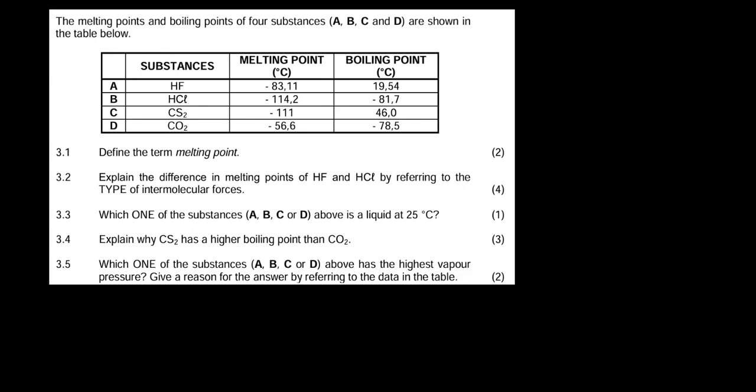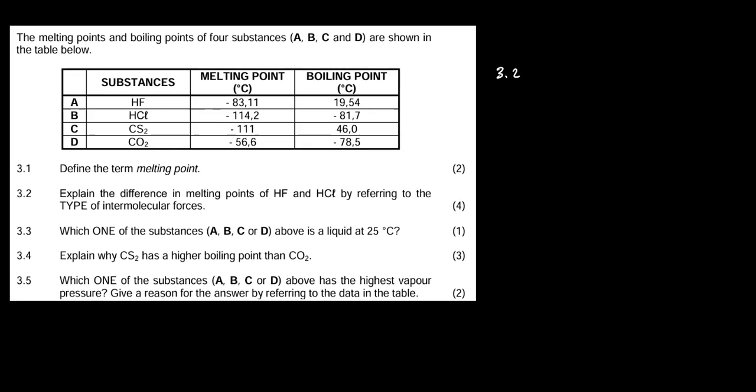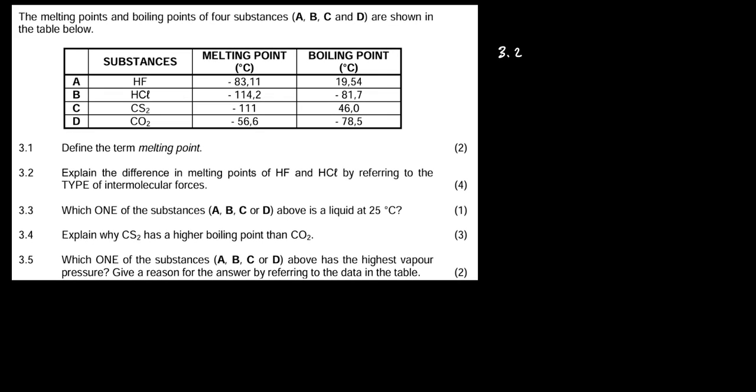So take a minute to analyze that table, and then could you account for that difference in melting point between HF and HCl by referring to the type of intermolecular forces for 4 marks? Any idea?